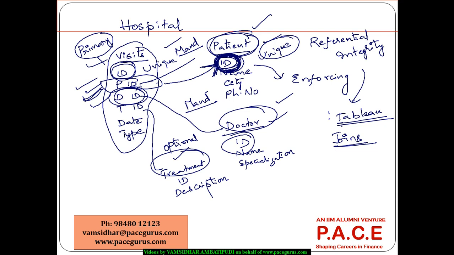So if it is not defined in the database, the next thing it does is try to match the names of the fields. Wherever the names of the fields are matching, it tries to join according to the names. For example, here it is PID, and if I call it PID here also, then it tries to match both of them.